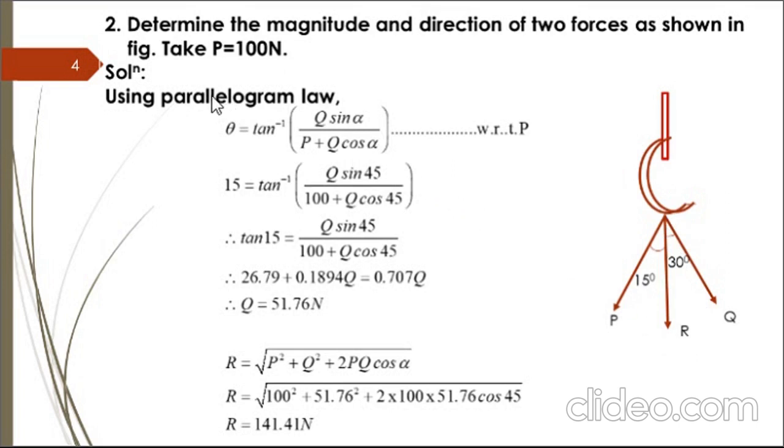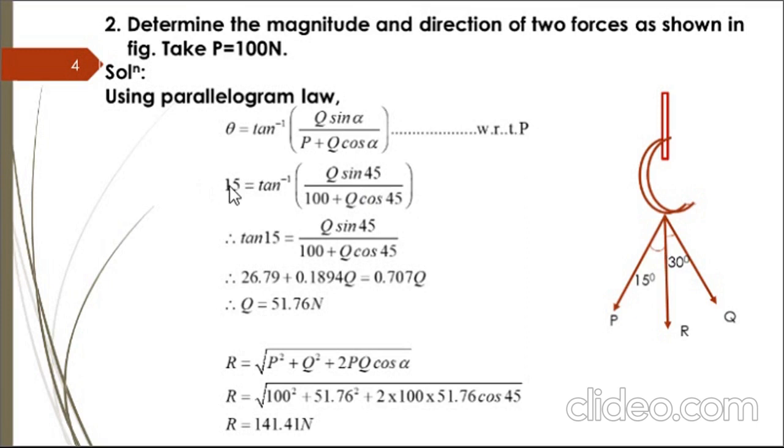Now using the parallelogram law method, theta is equal to tan inverse of Q sin alpha divided by P plus Q cos alpha, where theta is with respect to force P, or you can say the angle between the force P and R. Now in the figure it is clearly seen that the angle between P and R is equal to 15 degrees.